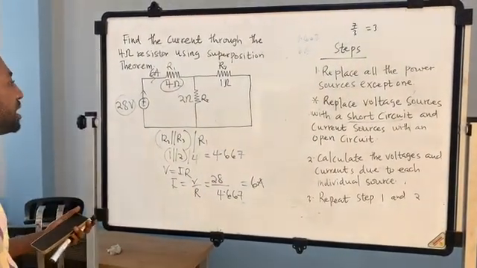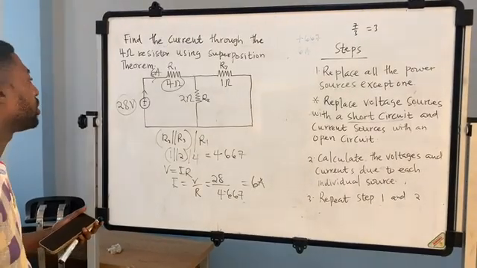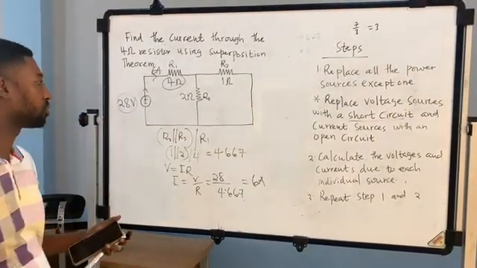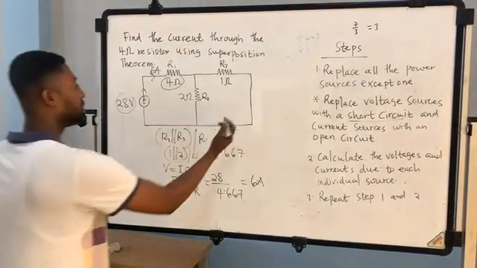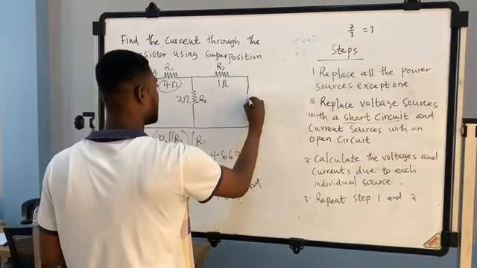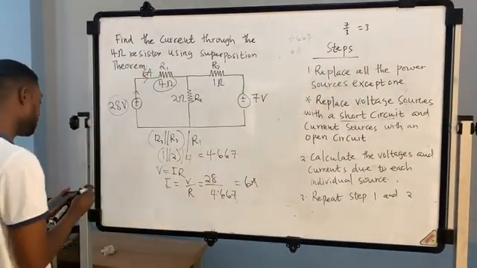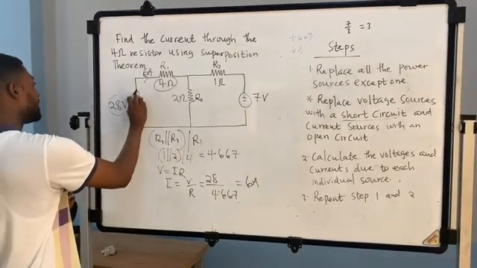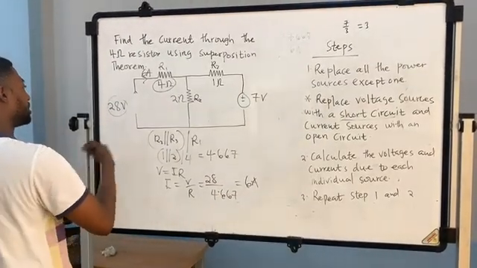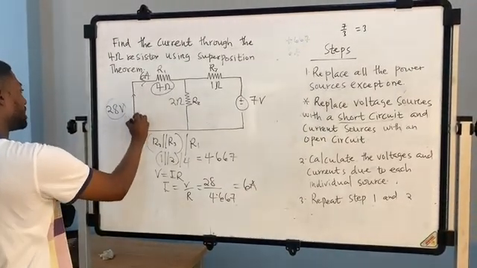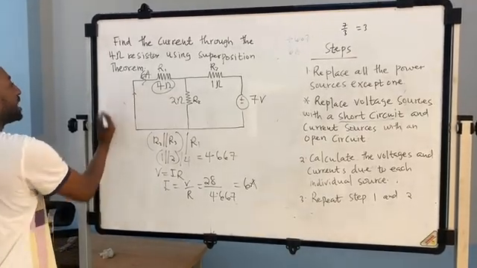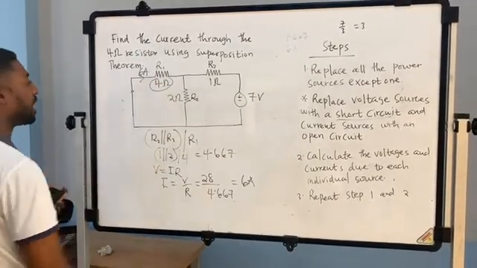Now let's move on to the next step. We are done with one particular source, so let's move on to the next source, which is the 7 volts. Then we deactivate the other voltage source and calculate the current flowing through R1.